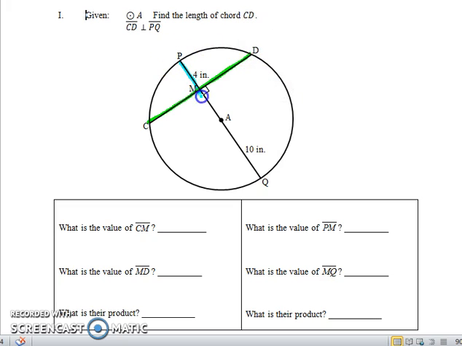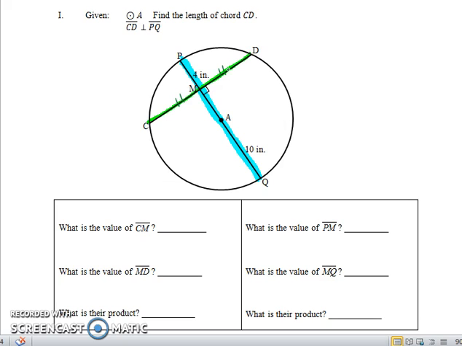Now segment PQ is the diameter, since it's a chord that runs through the center of the circle. And because the chord and the diameter are perpendicular to one another, we know that the diameter actually bisects that chord. And that was from a theorem in a previous video.